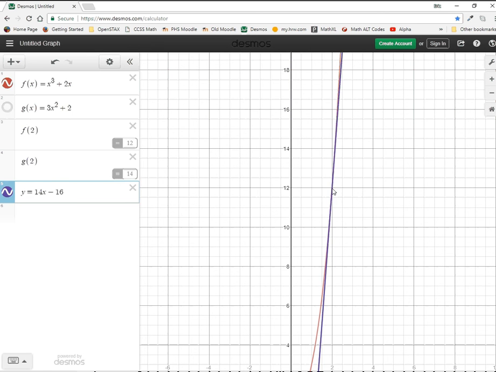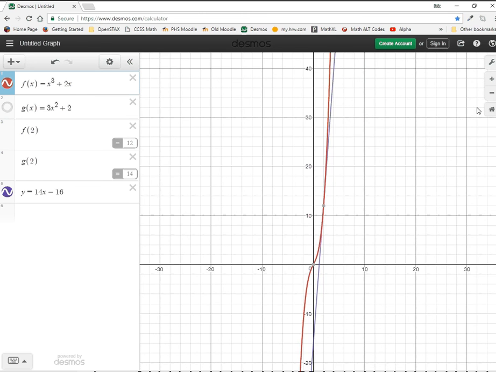Well, where's the point of intersection? How come it's not sticking? Oh, there it is, right there. I had the wrong point. So there's the point of intersection, 2, 12, right?